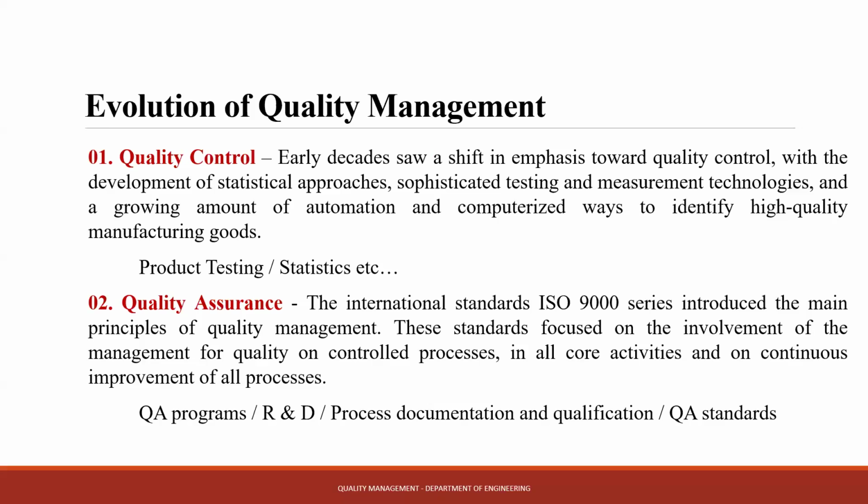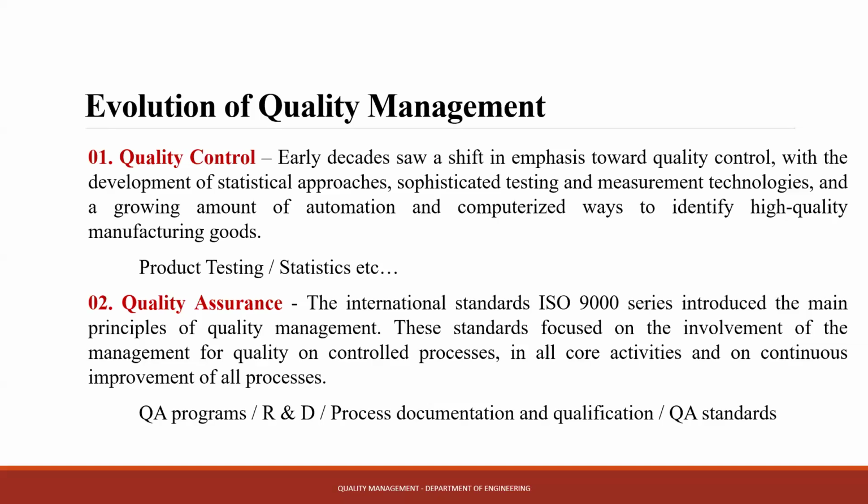And other than that, automation and computer system development was done. They also played a significant role in identifying defects and ensuring that the products meet the quality standards. Automated and computerized systems were used. For example, automated inspection machines were used that could evaluate the quality of the product more efficiently than human inspection.